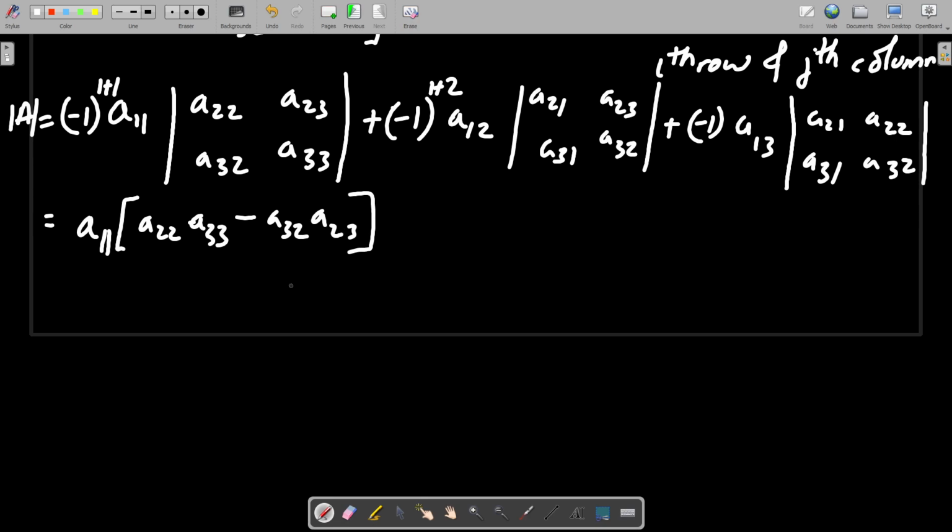Okay, and then next is minus 1 to the power 1 plus 2, that is 3, right? So this will leave me with minus 1 to the power 3, that is a negative minus 1, A12. Then you multiply with this A21, A33, minus A31, A23.